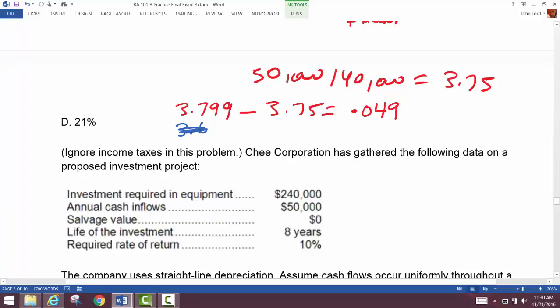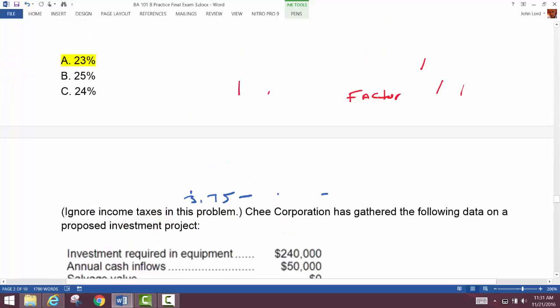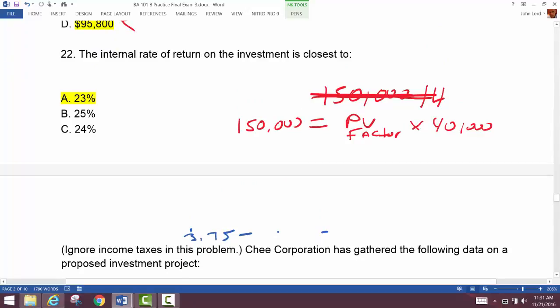But let me put the 3.75 first here, just so I don't start getting negative numbers to make it confusing, versus 3.682. That gives me a difference of 0.068. Okay, so I am actually closer to the 23%, right? If you look at the difference between the two, you could determine that the factor I'm closer to is 23.